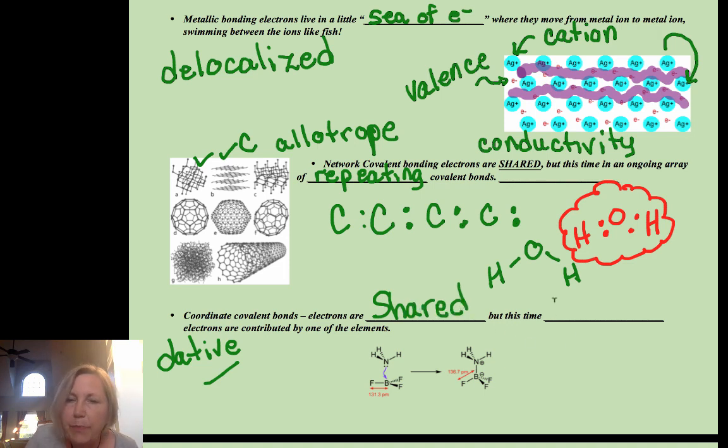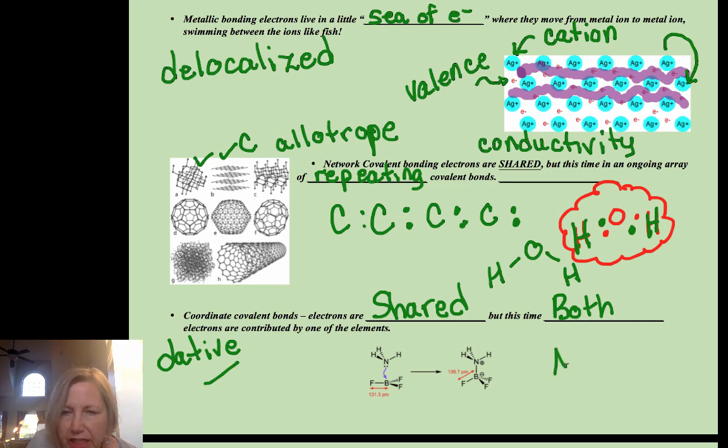In this example, both electrons are contributed by one of the elements. In this case, if I could color code it, let's do this. I have a hydrogen, it donated one. This hydrogen donated one to the bond, and then the oxygen donated one to each bond.